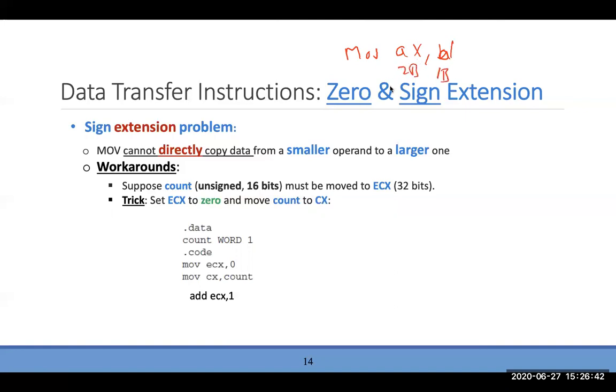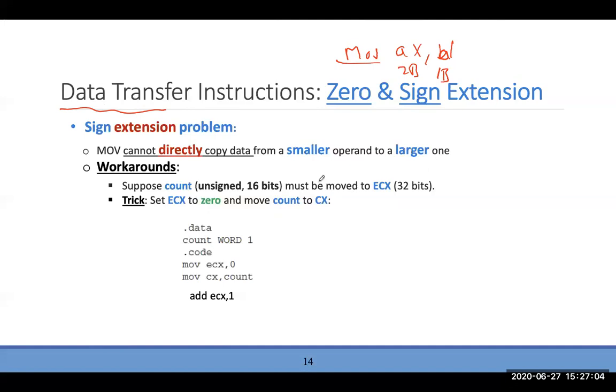If we do this, then Visual Studio is going to give an error. So what can we do about it? You can play some tricks. These tricks used to be the case quite some time ago, before Intel actually addressed this problem, the mismatching, and came up with a specific instruction.